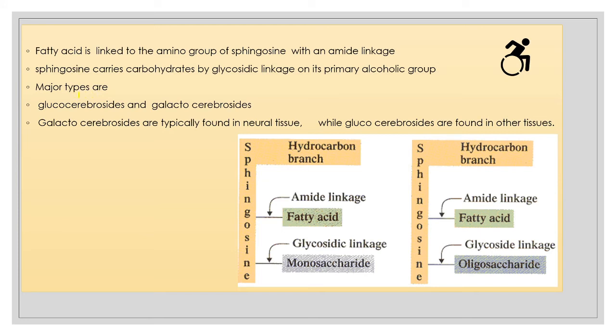There are major types of cerebrosides. There are glucose cerebrosides, in which the carbohydrate is glucose, and galactose cerebrosides, in which the carbohydrate is galactose. Galactose cerebrosides are typically found in neural tissue, while glucose cerebrosides are found in other types of tissue.